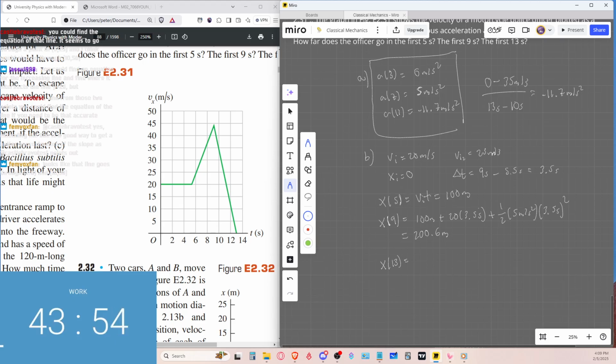You could find the equation of that line. It seems to go through 0.625, and I think it would also go through 1050. You could find an equation for the increasing line, and find where it intersects y at 20.